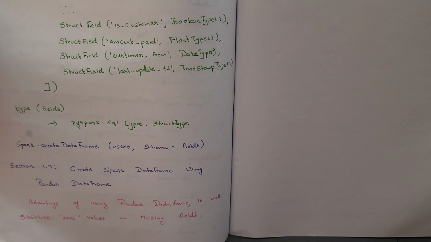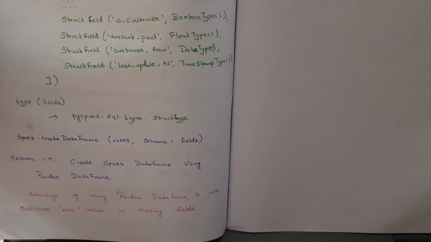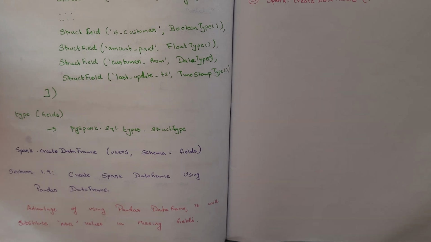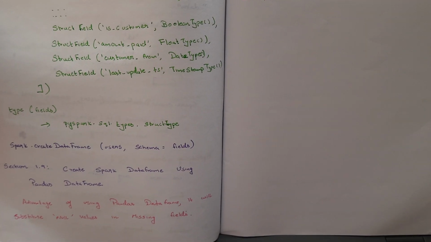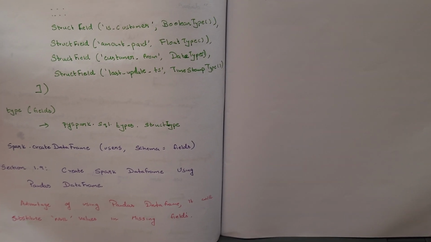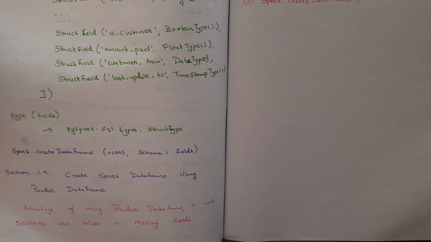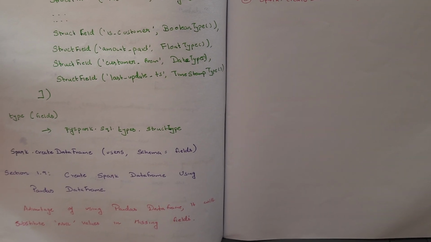And then there is one other way to create a Spark data frame, using a pandas data frame. So in session 1.9 we're going to see how to create a Spark data frame using a pandas data frame. One advantage of using a pandas data frame is that if a value is not provided in the data file, then it will automatically take that as a null value for the missing fields.